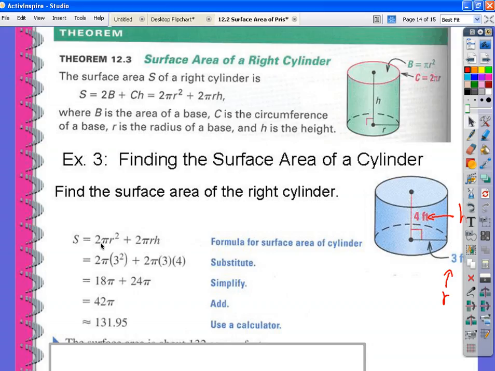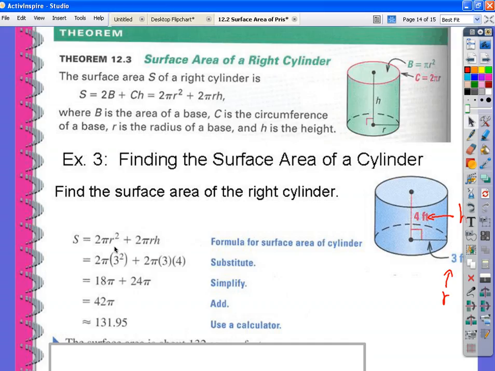So if I'm plugging into this formula then, 2 pi r squared, we said r was 3, so I'm plugging in 3 for r, and we said h was 4, I'm just simplifying. Like we said, 2 times 3 squared is 18, so I get 18 pi for the areas of the bases combined. And then 2 times 3 times 4 is just 24, so 24 pi is the area of the tube, the lateral area.